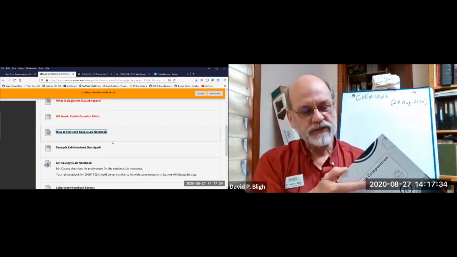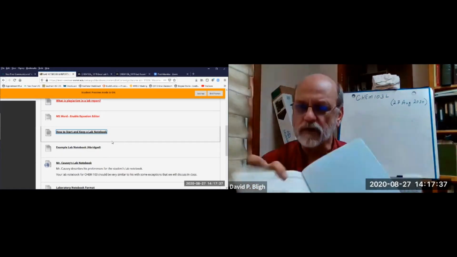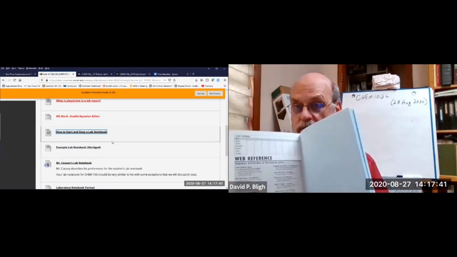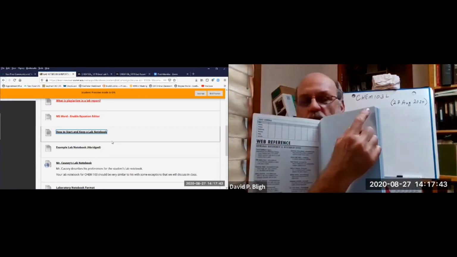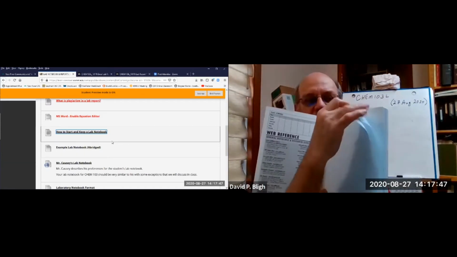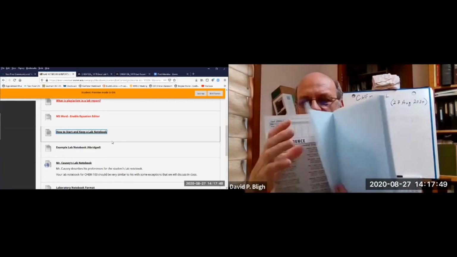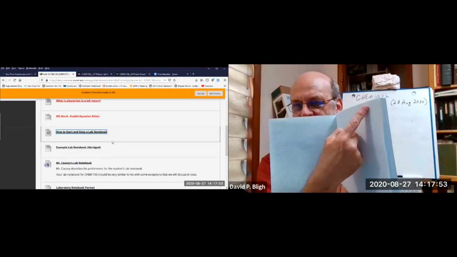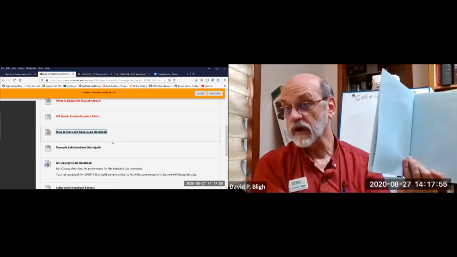Now, you're going to take the notebook, and the first thing you're going to do is open it up, and with your pen, start numbering pages. So in the upper right-hand corner here is a 1. Then you turn the page, that's a 2, and a 3. All the way to the end, I think there are about 200 pages.